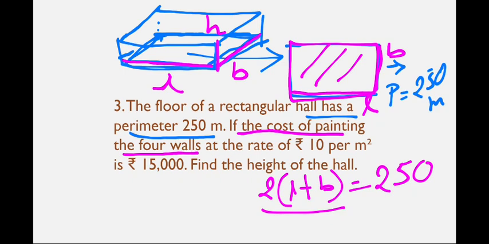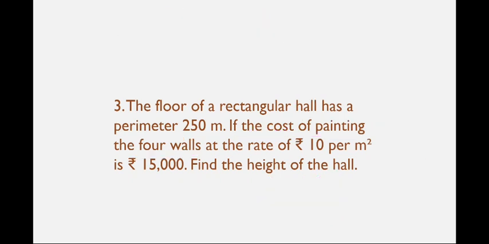I told you about the curved surface area and total surface area in the previous videos. Suppose you are in a cuboid classroom, the area of the 4 walls surrounding you is the curved surface area, and the area of the 4 walls along with the top ceiling and bottom floor is the total surface area of the cuboid.